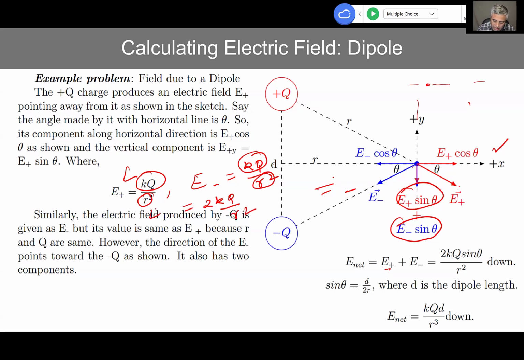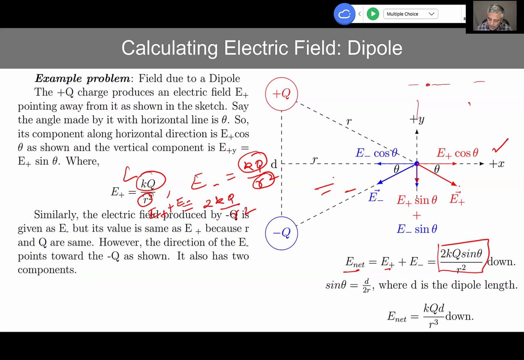When we add that E positive and the E negative. Okay, so that's that. And there is sine theta, there is sine theta. So that's why the sine theta, because we are adding the components. Okay, and it's pointing down in this case, on the screen. So that is the net field due to this.